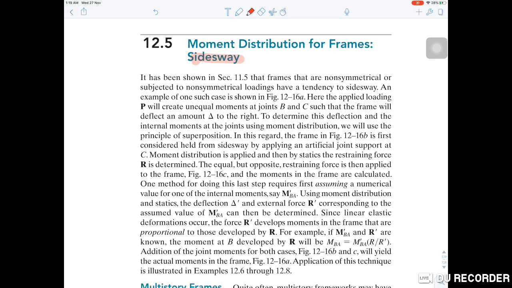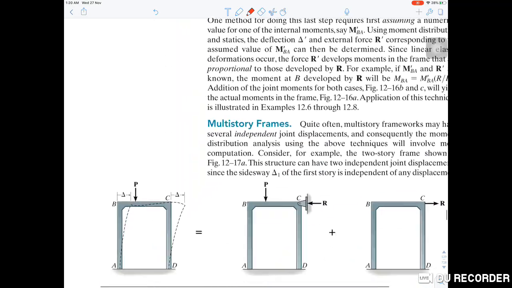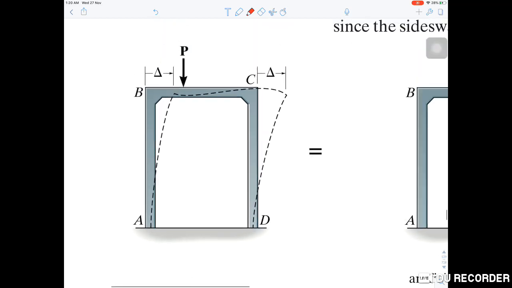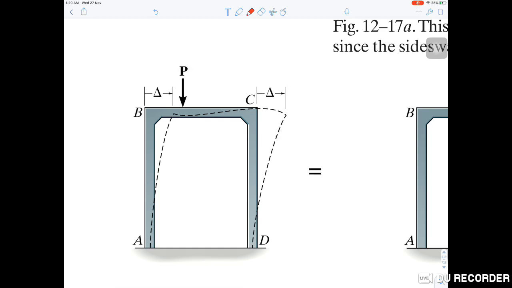So we try to understand what the writer explains about moment distribution for frame with sidesway. Focus on this one first. Frame with sidesway. By looking at this frame, diagram A, the frame tends to sway to the right direction, due to force which is unsymmetrical.